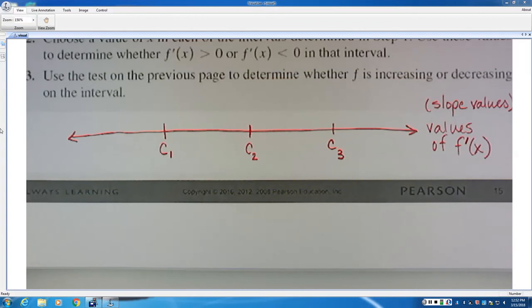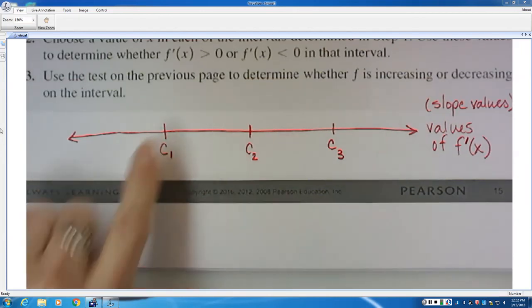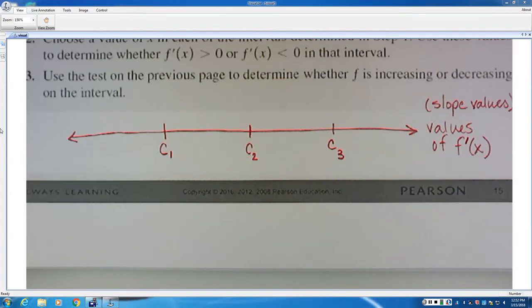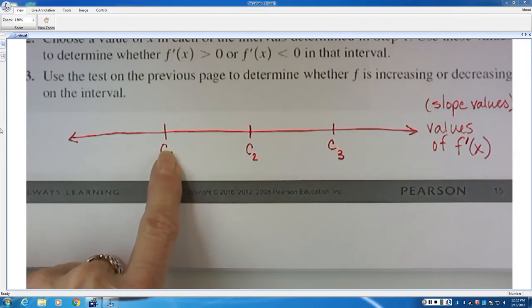Now those three numbers could be, or I'm sorry, these could be the critical values of the function. So these are actually where f prime of x is equal to 0. That's why I drew them on the line. Okay, they're not above it or below it. What's going to happen at these critical values is the value of f prime of x is going to be 0.